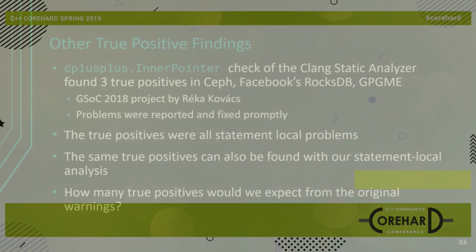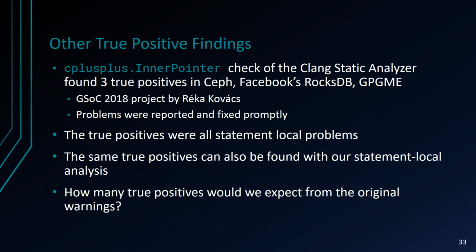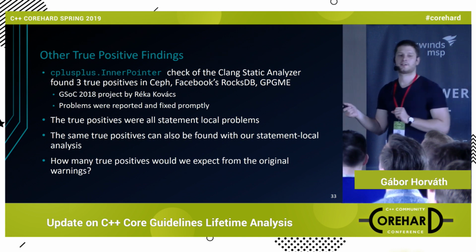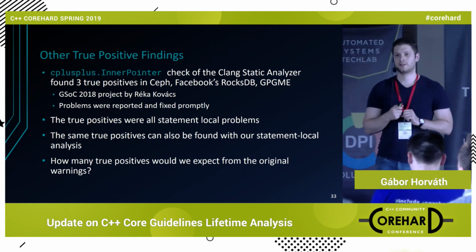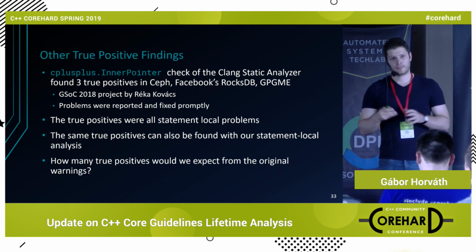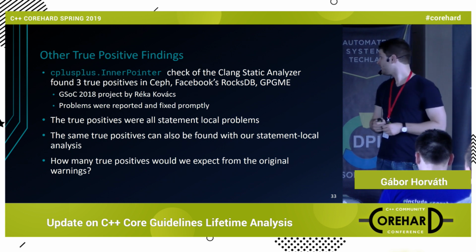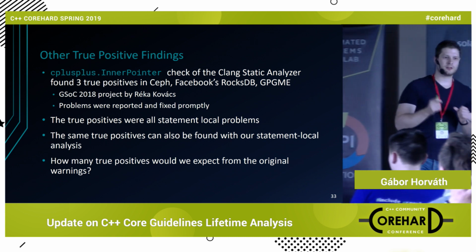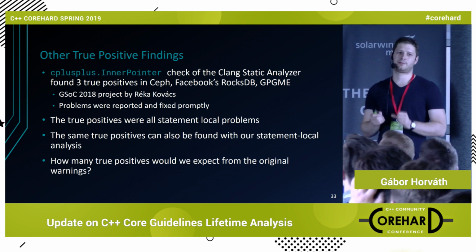And the other interesting thing about these warnings is that even though one of my colleagues implemented a similar checker that was path sensitive, that was dealing with all these very complicated control flows, and when she evaluated her check on open source projects, she was able to identify bugs in real world code bases, but all the bugs she found were statement local.